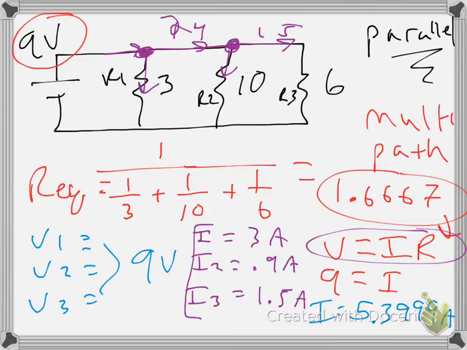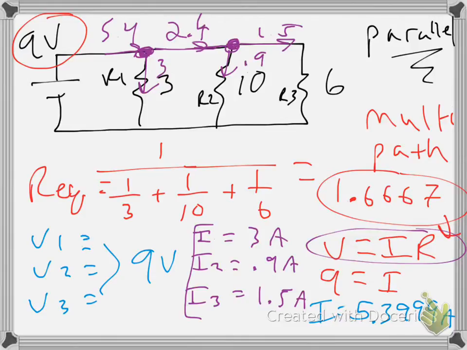Sorry, this is 2.4. See, even teachers make mistakes with their math. So I had 2.4 going into there, and so when the 0.9 went this way, 1.5 continued. So that shows that the amount of current going in has to equal the amount of current going out.